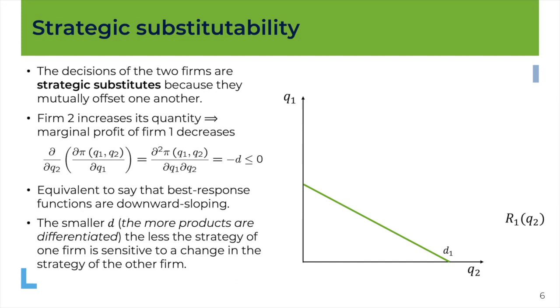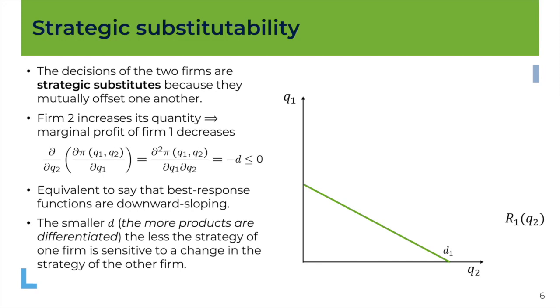I mean, what is sometimes called the residual demand, the demand that will come to me once firm 2 has served the consumers, becomes smaller. So it's as if I was facing a smaller market, and naturally I will set a smaller quantity because I'm facing a smaller market.